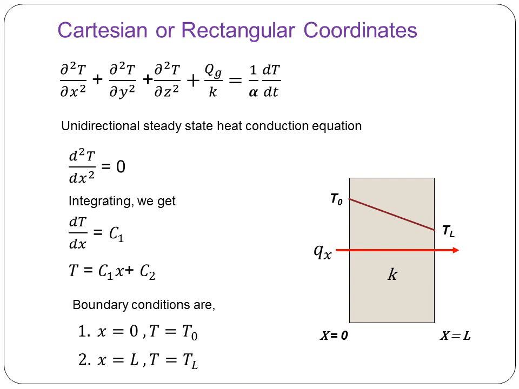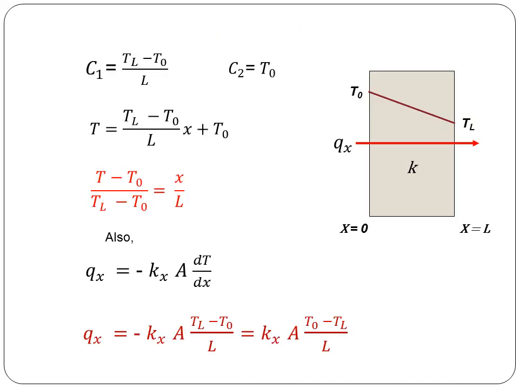So, we have a slab through which heat is flowing, steady state is achieved, k is the conductivity of the slab material, T 0 is the temperature at x equal to 0, and T L is the temperature at x equal to L.